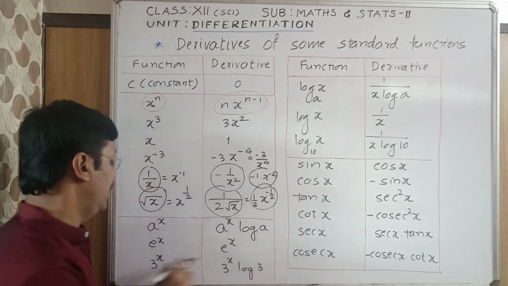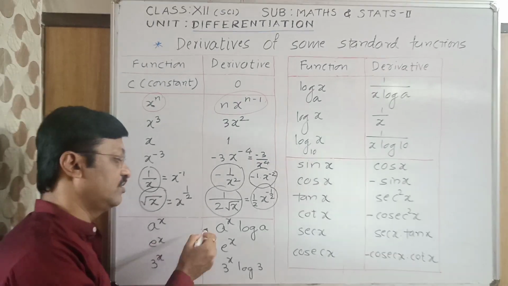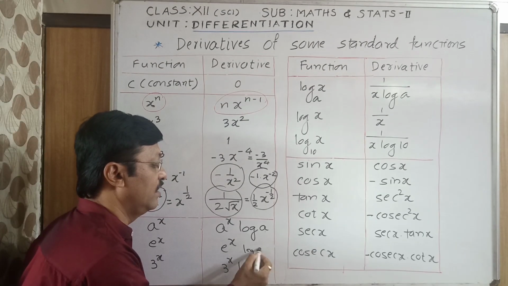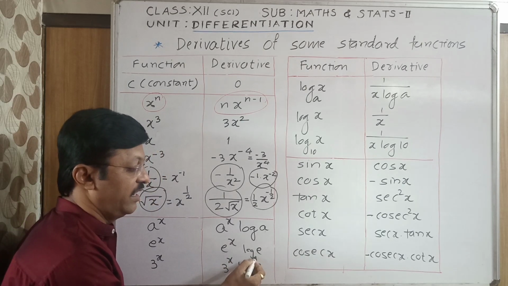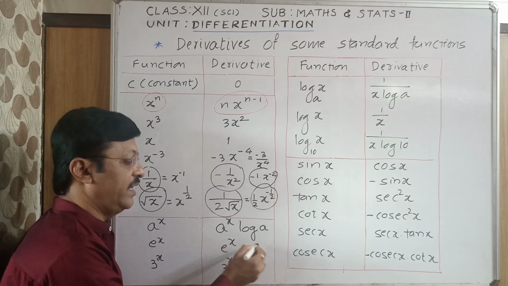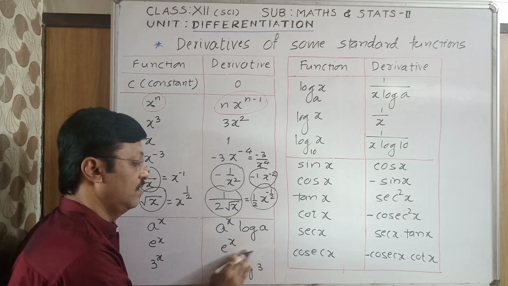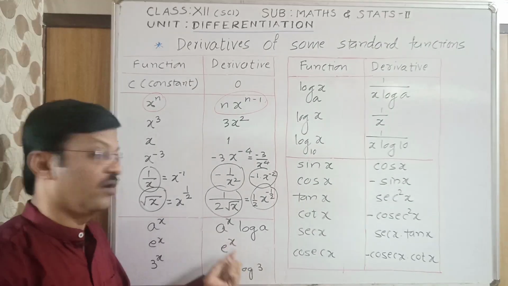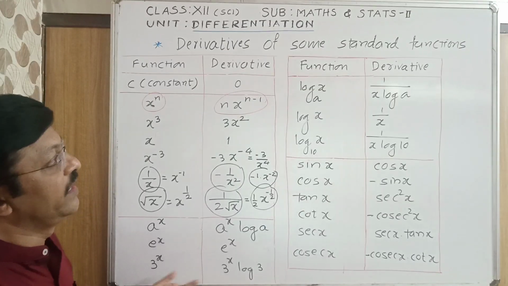Like I said, e raised to x, its derivative is e raised to x log e, but log e is 1 because when we don't write any base, it means that it is e. So log e to the base e is 1. So e raised to x derivative is simply e raised to x.